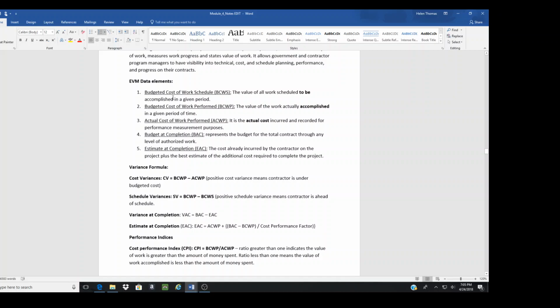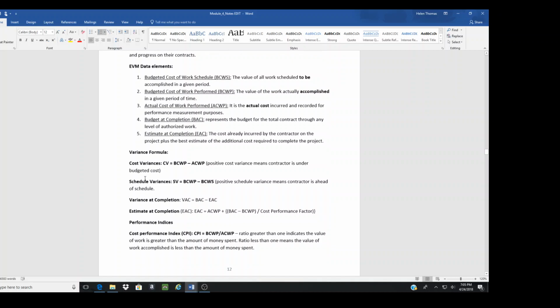So you have a budgeted cost of work scheduled versus the budgeted cost of work performed. Actual cost of work performed, budget at completion, estimate at completion. So different budget and estimate elements that you need to know.